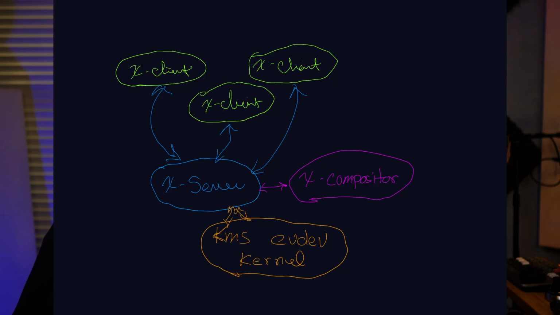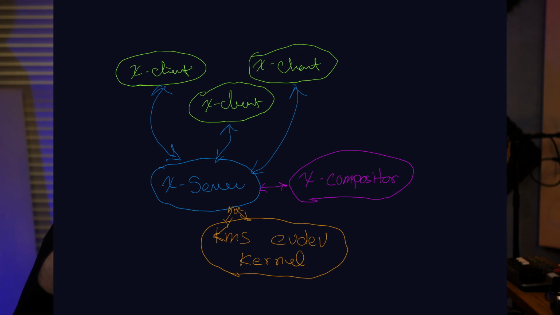As you can see here, it has a number of components. The first one would be the kernel and evdev as one part. And then the X server is what communicates with devices and the X clients.